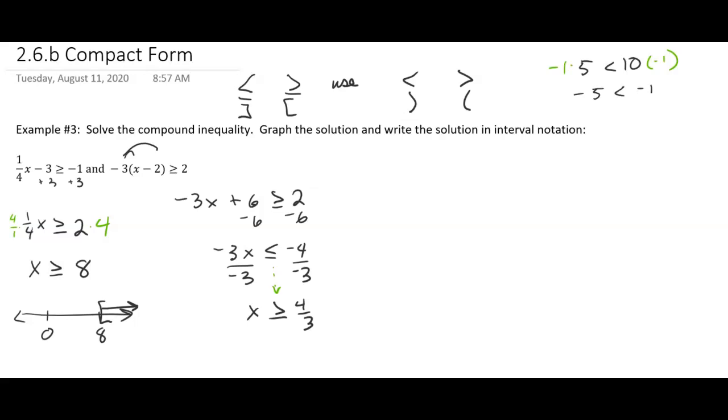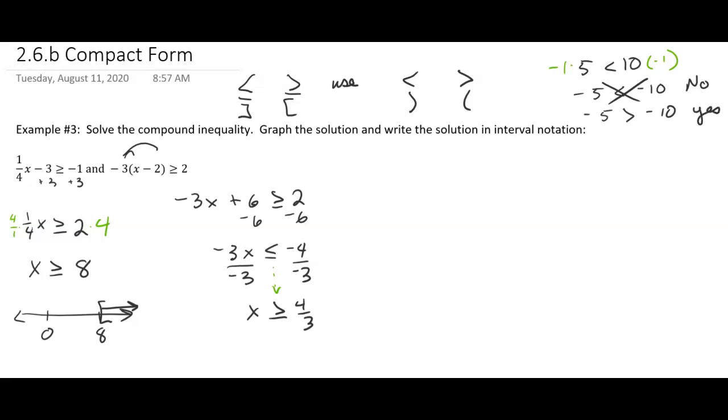No, you have to say -5 is greater than -10. So that's why we're switching the inequality when we multiply by a negative number or divide by a negative number. You have to switch the inequality the other way.